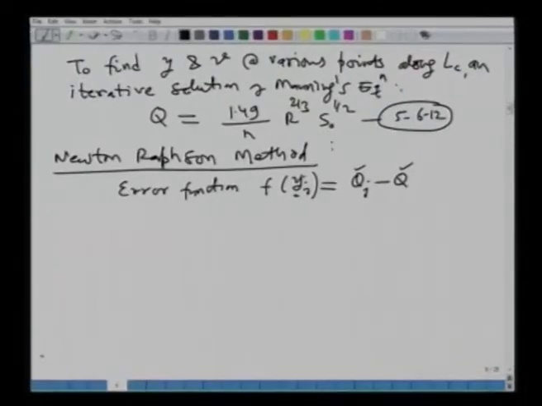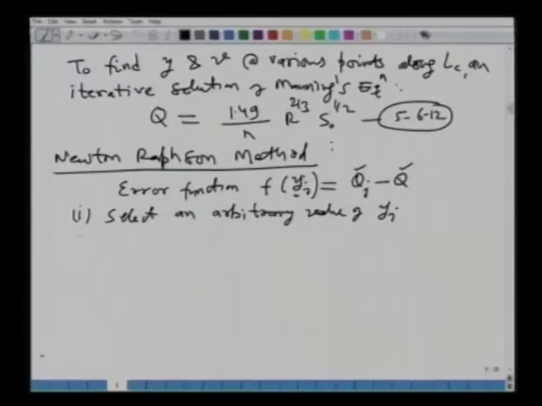The Newton-Raphson method involves these steps. Initially, you select an arbitrary value of the variable which you are trying to find out, yj, to get started.